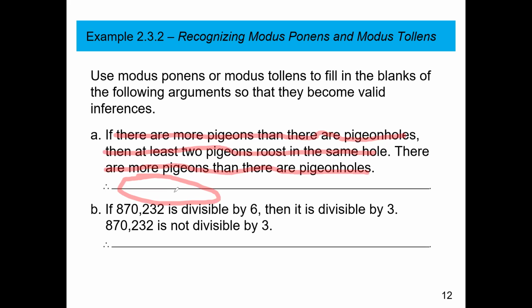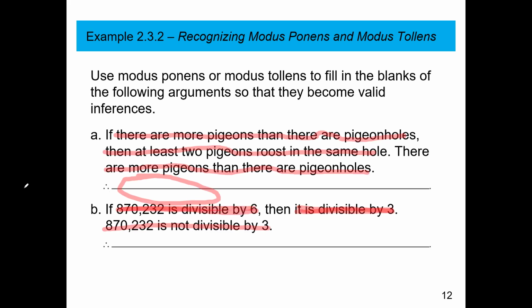All right. Then we get into this next one, where if this is divisible by 6, then it is divisible by 3. That should make sense. And I'm telling you that it is not divisible by 3. Huh. Well, notice I just made the then part false. If the then part is false, what do we know about the if part?